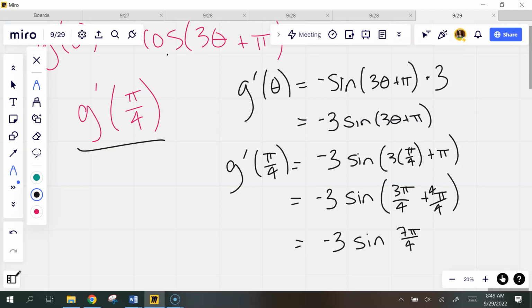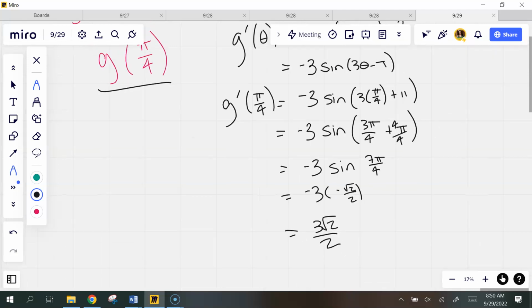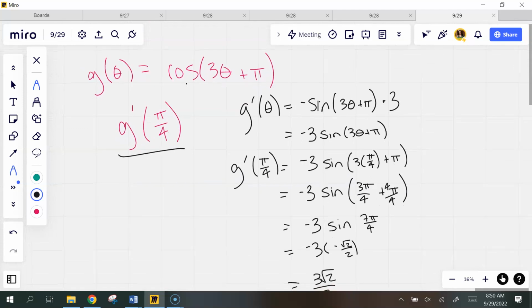What's the sine value there? Negative √2/2. Remember, all your over 4s are square root of 2 over 2. If you can figure out what quadrant it's in, that'll tell you if it's positive or negative. So I got negative 3 times negative square root of 2 over 2, which would be 3 root 2 over 2. Yep, this is one of the ones on your circle here.